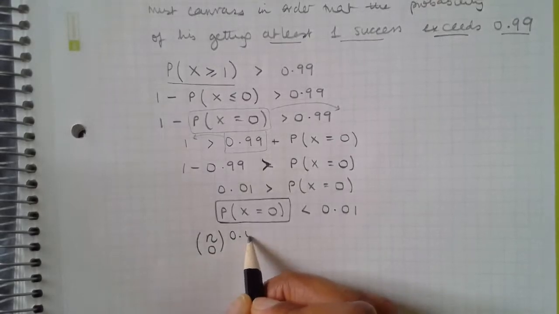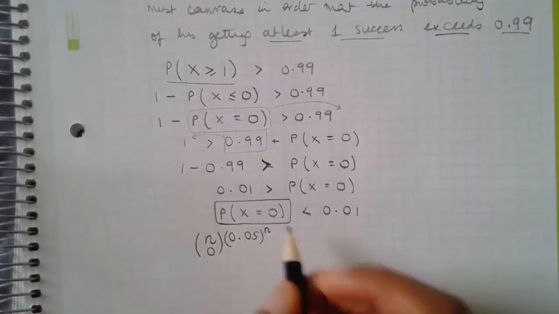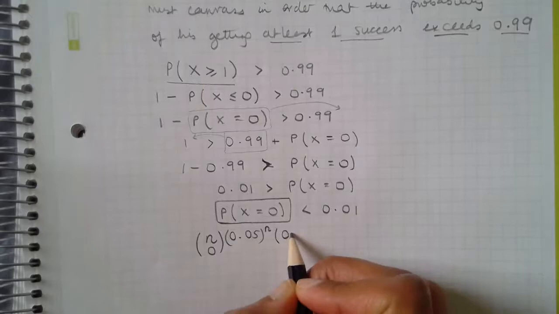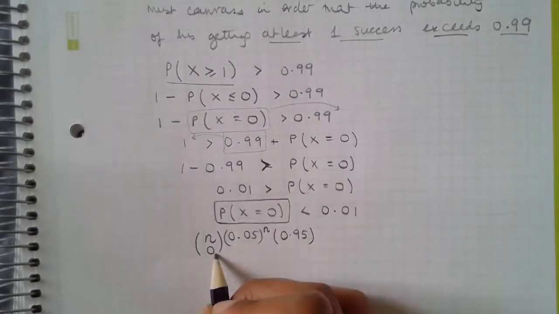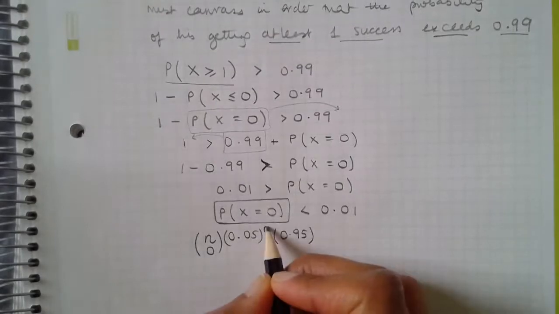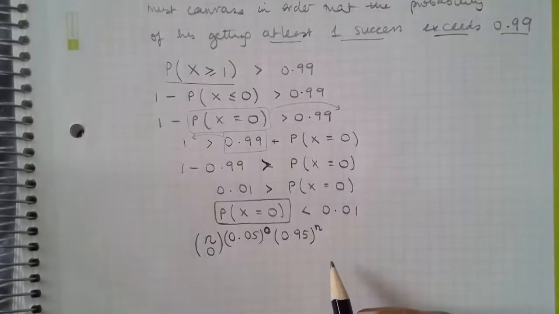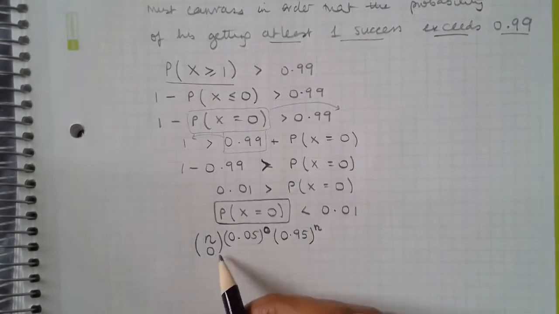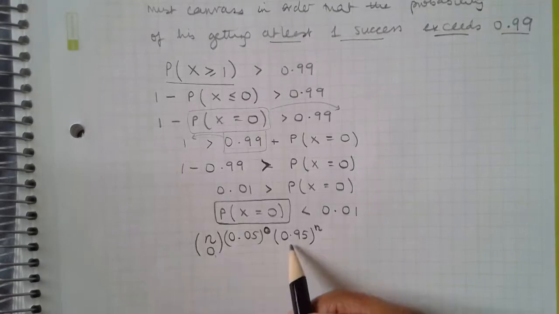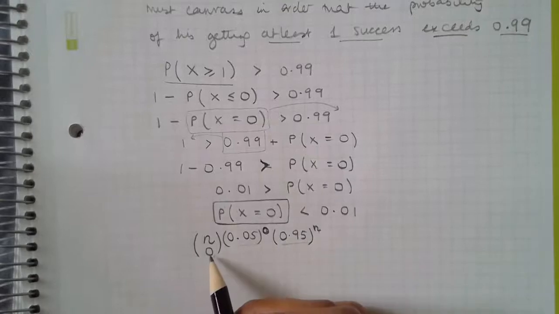The probability of failure, which is 0.95, is to the power of n minus 0, which is just n. So the probability of success is raised to the number of successes, and the probability of failure is raised to the number of failures. That's raised to the 0, that's raised to the n, is less than 0.01.